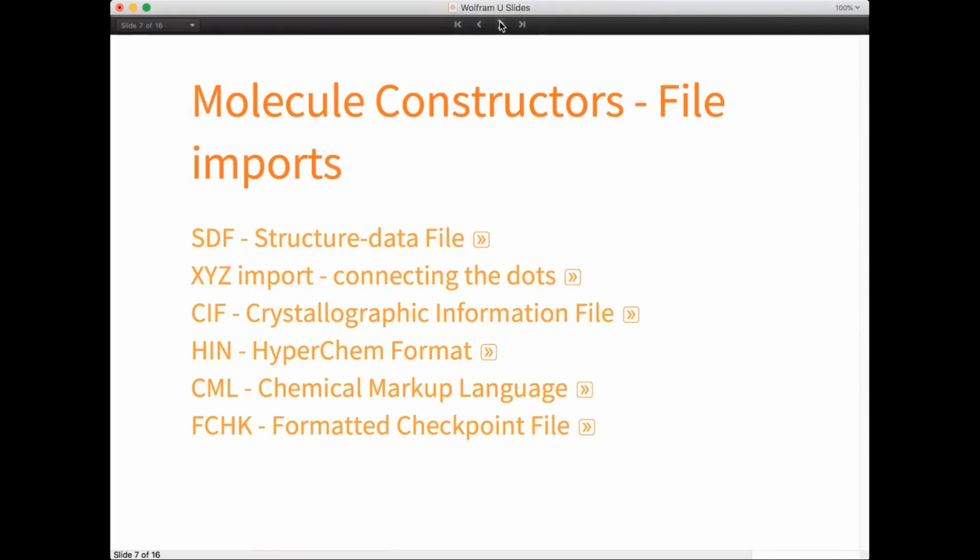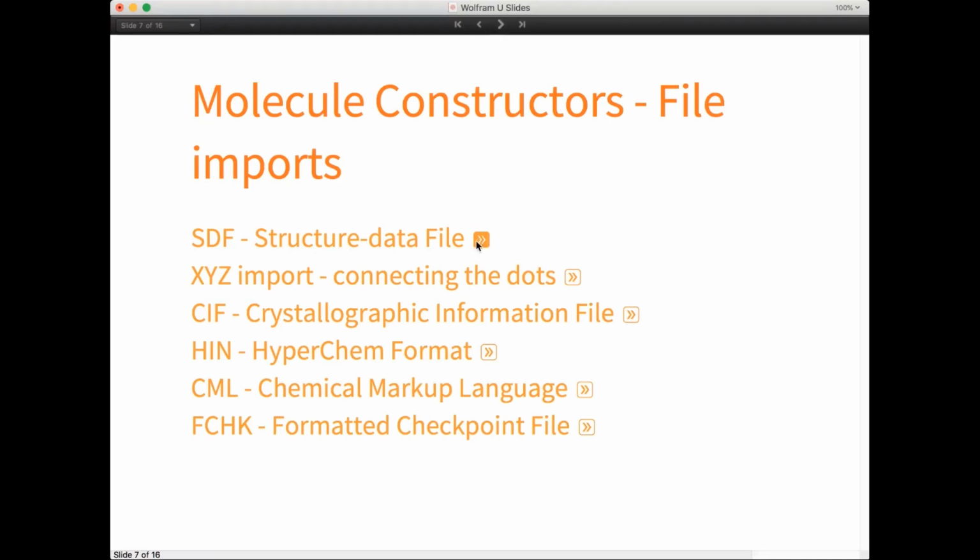Okay. Another thing that I find to be really important is being able to interchange these molecule structures with other programs. There are several file formats that have come out specifically for this to allow interoperability.